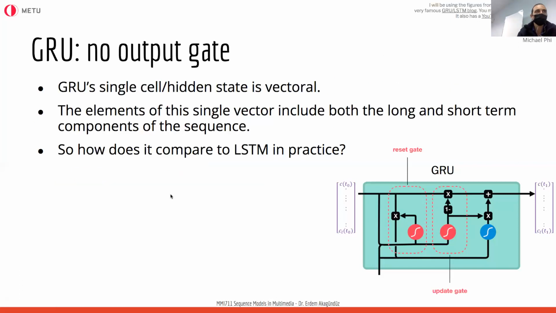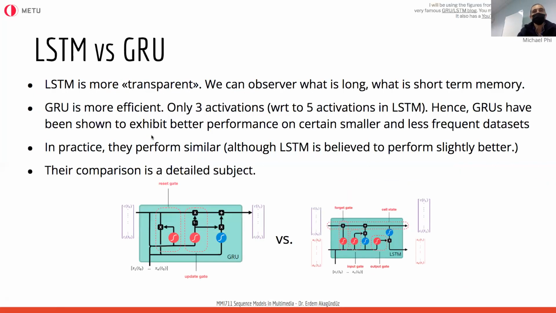So why no hidden state? GRU's single hidden state is a vector. Some elements of the single vector include both the long and short-term components of the sequence. So how does this compare to LSTM in practice? For that matter, LSTM becomes more transparent. We know which part of the states in LSTM is long-term and which part is short-term, but still we don't know what that long-term means.